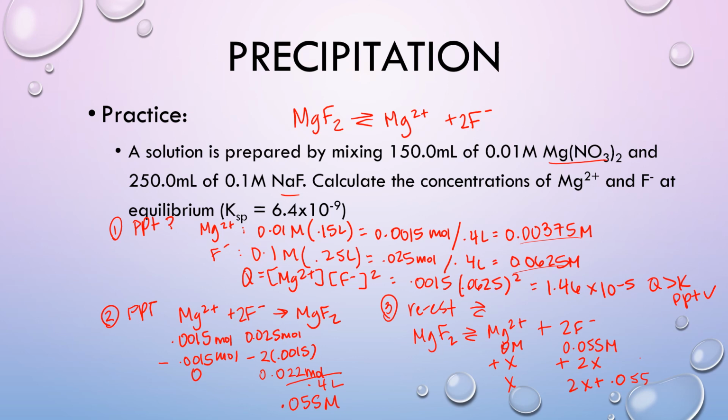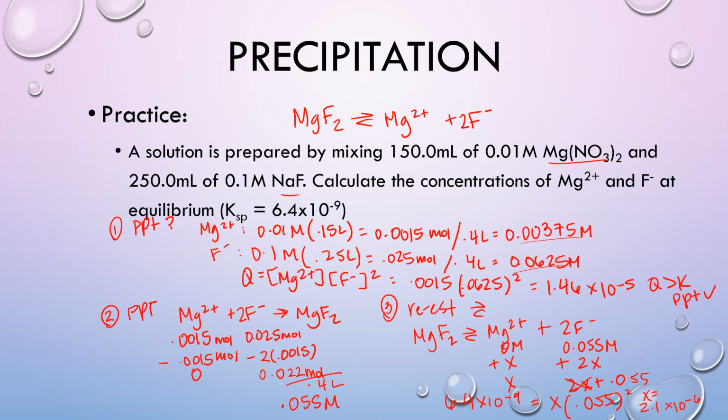We're going to set that equal to K so that we can solve for X. We get to ignore this. And so I get that X equals 2.1 times 10 to the negative 6.